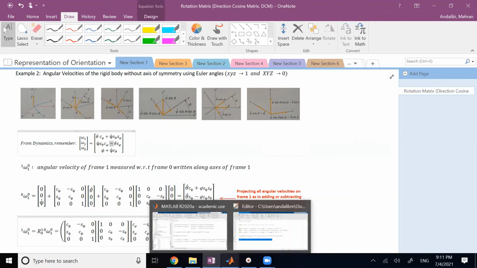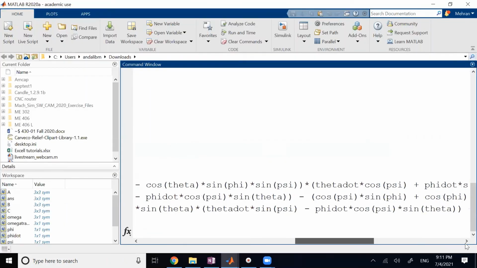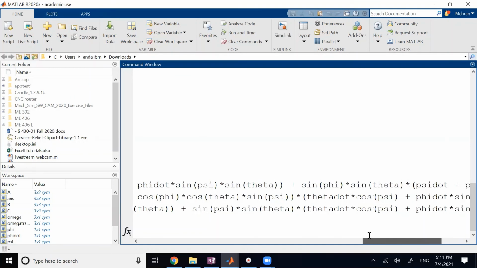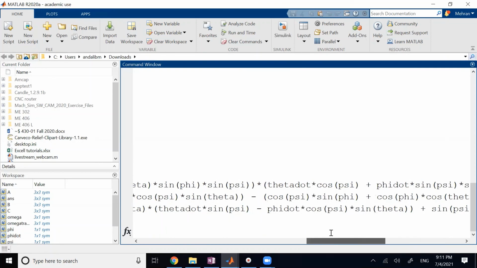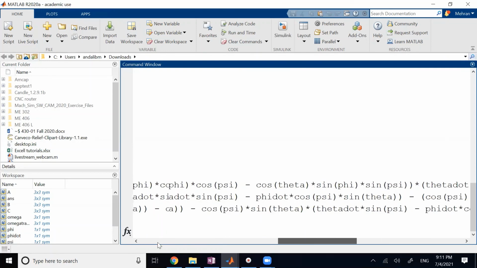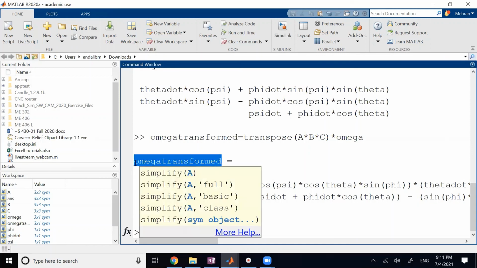But it doesn't mean that MATLAB did it wrong. It just didn't simplify the results. Here, there are a bunch of sine squared and cosine squared terms that you can add to one, or there are some positive and negative terms that can cancel out. So if you see something big like this, let MATLAB try to simplify it: simply say simplify, and then whatever variable you are trying to simplify.